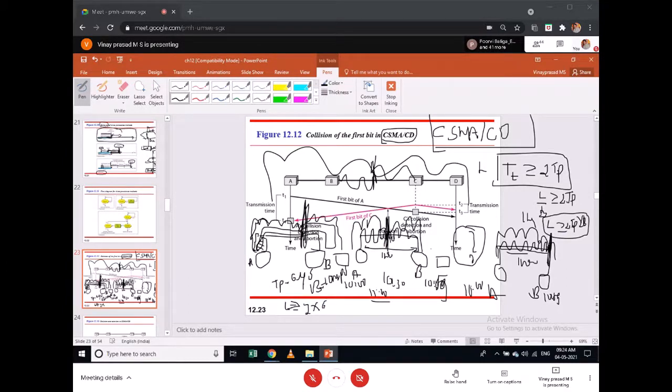TP is 6 microseconds into 10 Mbps, right? So if you substitute here, the micro and mega get cancelled, 60 into 2 becomes 120 bits. You just found out how much.